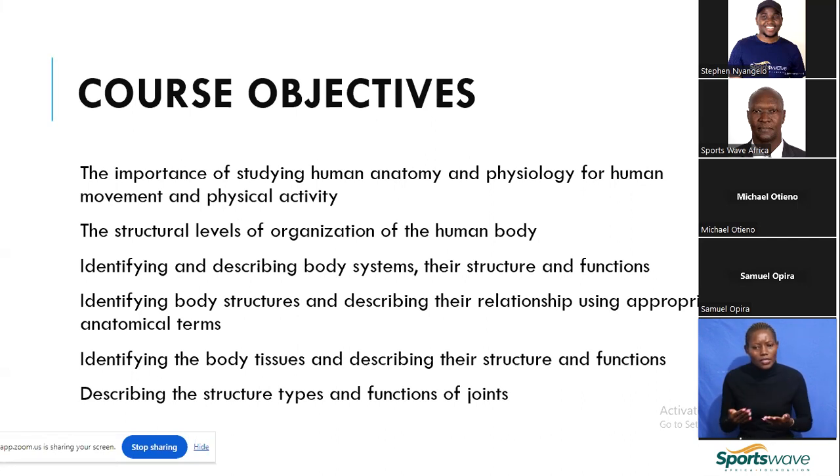And it's also important to know the structural levels of organization of the human body, identifying and describing body systems and their structure and functions, identifying body structures, describing their relationship using appropriate anatomical terms, identifying body tissues and describing their structure and functions, and describing the structure, types and functions of joints.